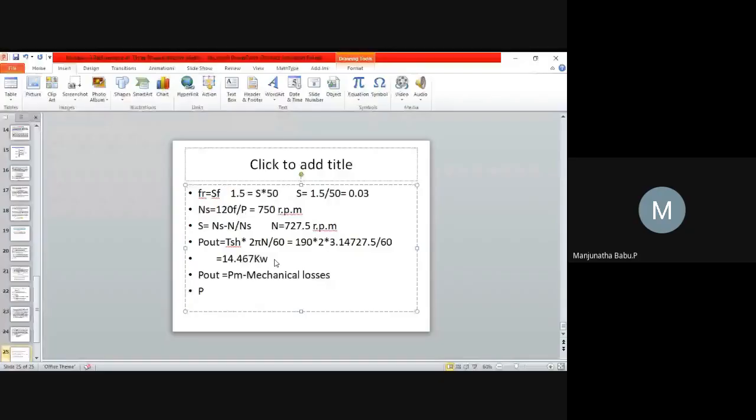So find what is PM. 15.16 kilowatts, sir. Okay, 15.16 kilowatts. Everyone is getting these values.